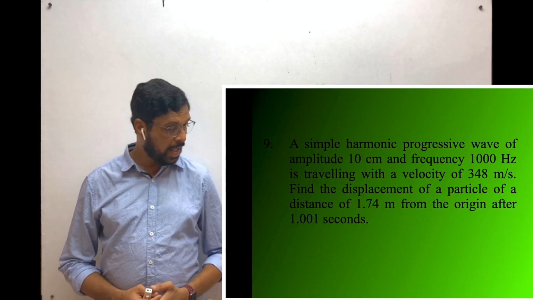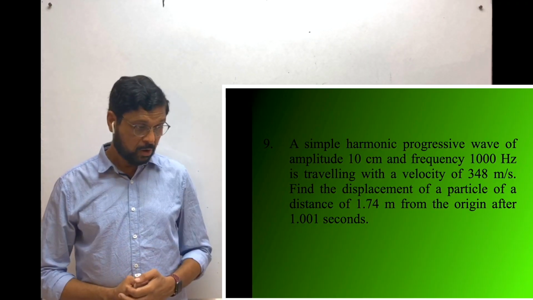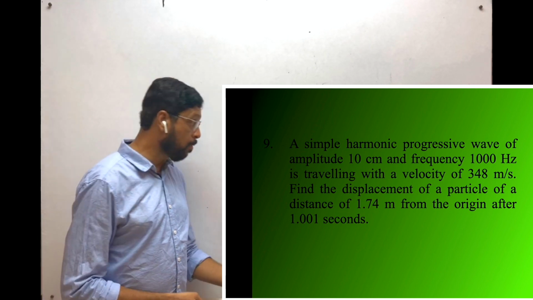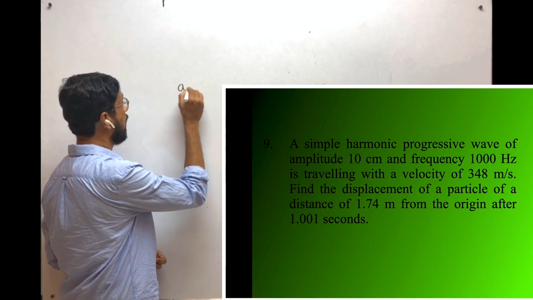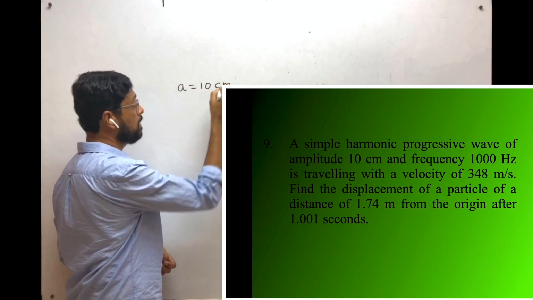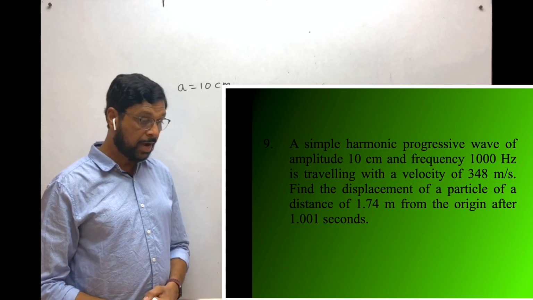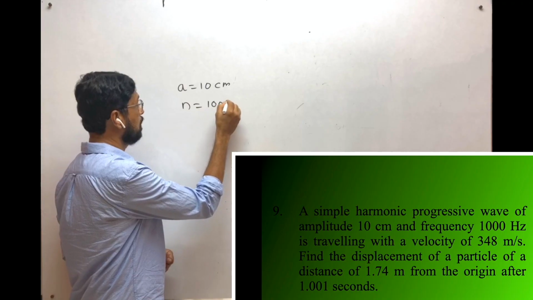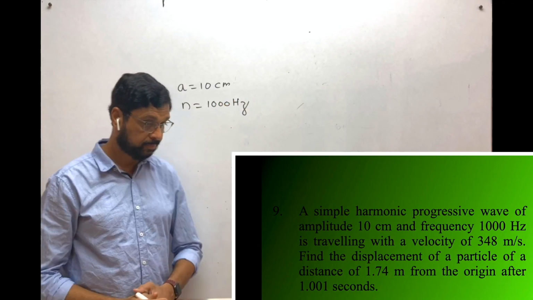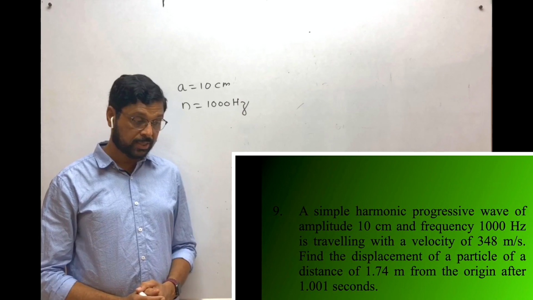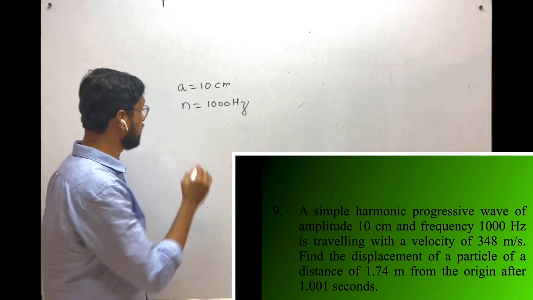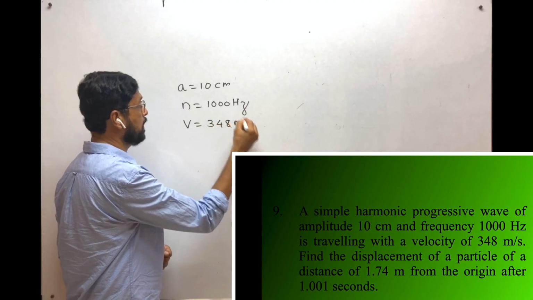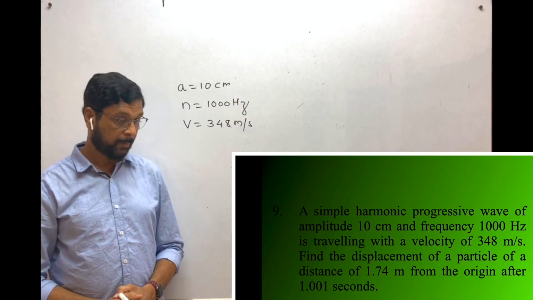A simple harmonic progressive wave of amplitude 10 centimeter and frequency 1000 hertz is traveling with a velocity of 348 meter per second.